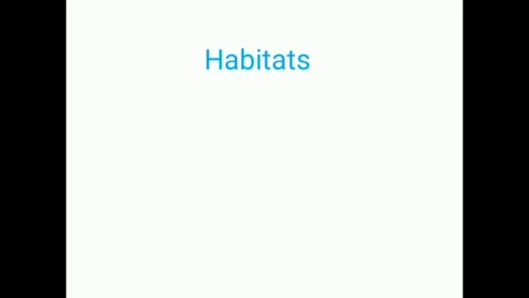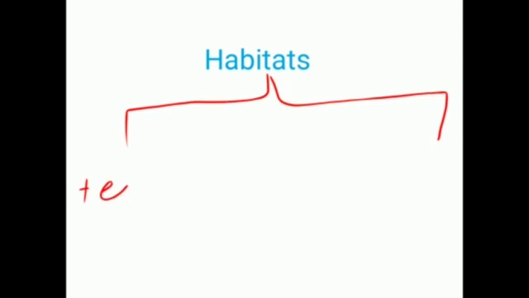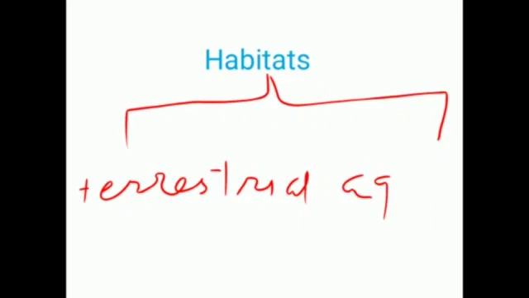So habitats are of two types. One is terrestrial habitat and one is aquatic habitat. So what is terrestrial habitat?